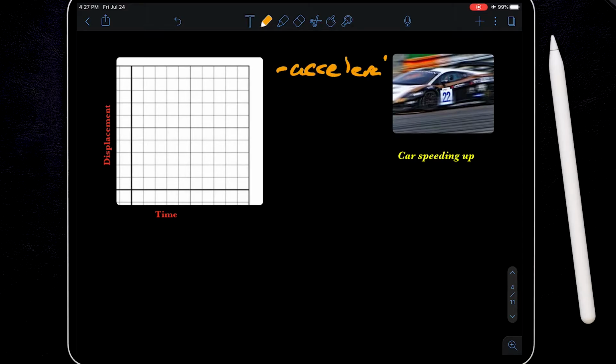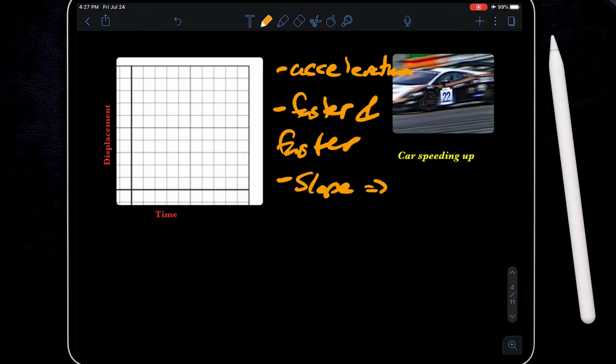So if the car is accelerating, what is that going to look like on a displacement versus time graph? Well, that means it's going faster and faster, which means the slope is getting steeper and steeper.